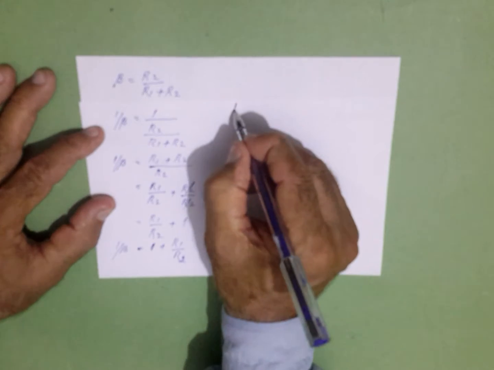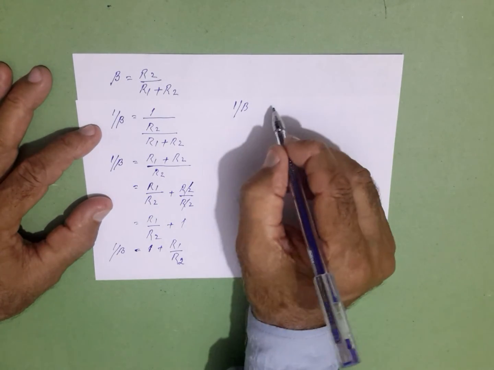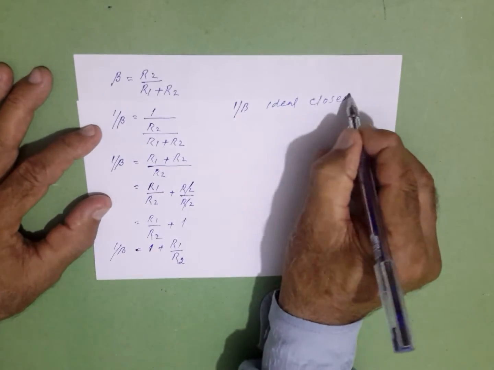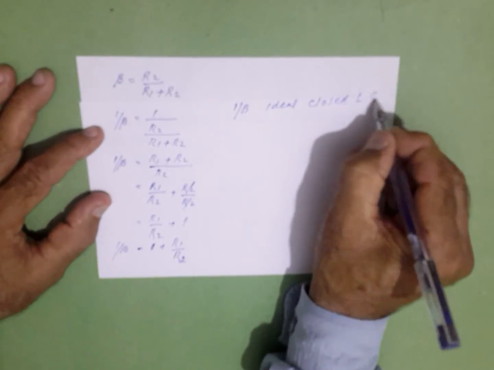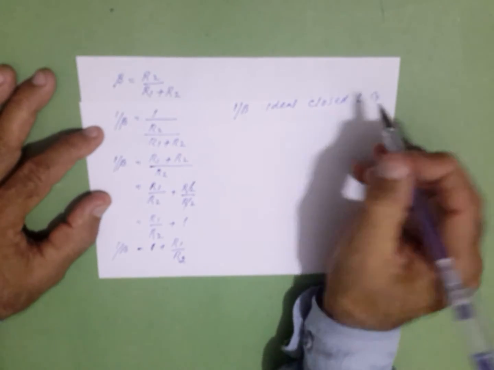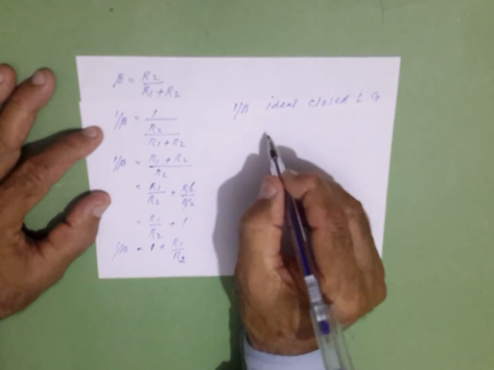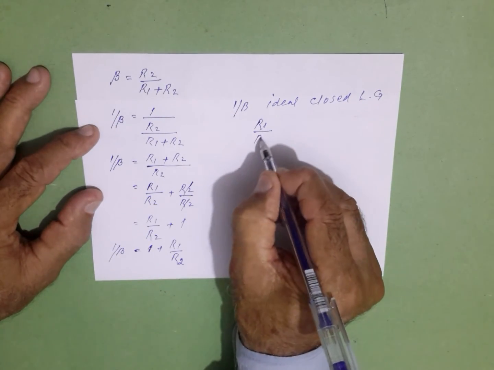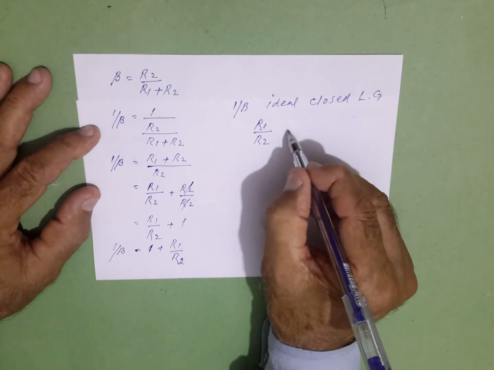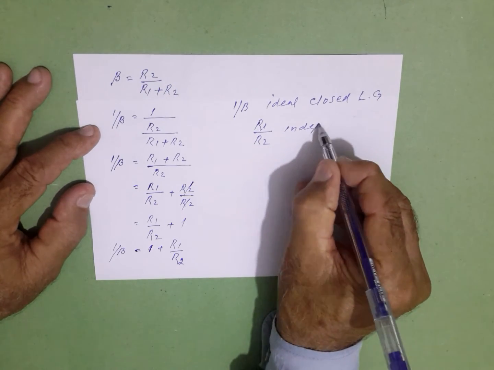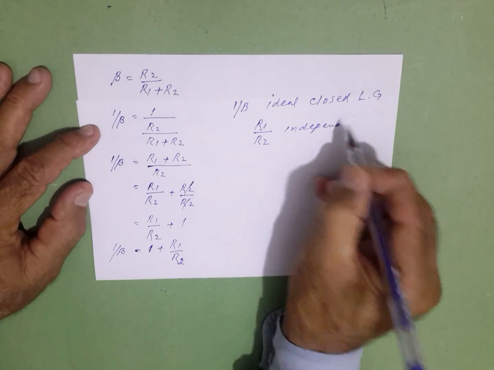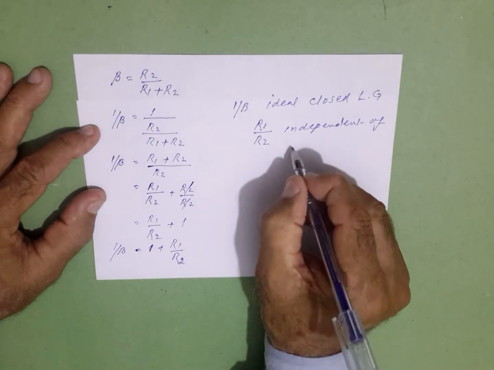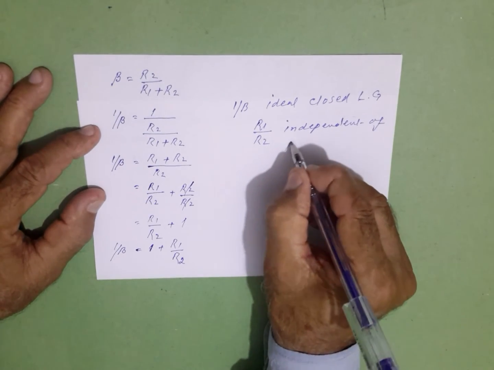See that 1 over beta is called the ideal closed loop gain. It shows that it depends on the value of R1 over R2, and it is independent of amplifier gain.